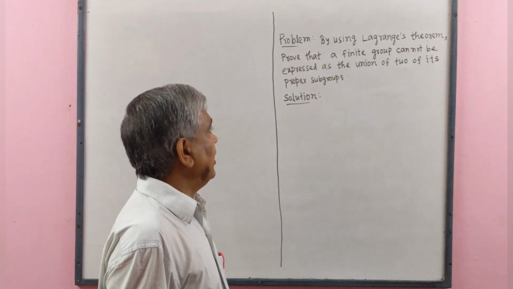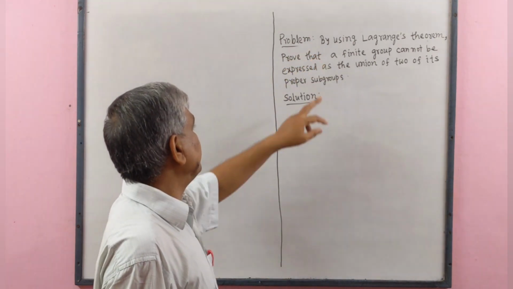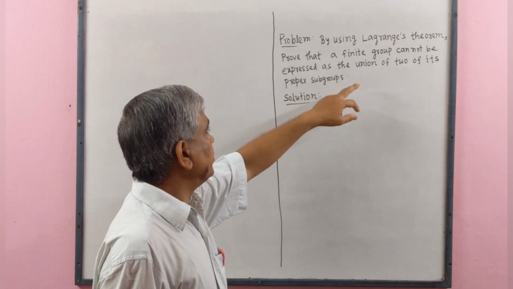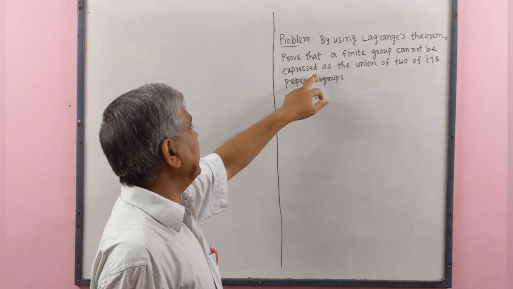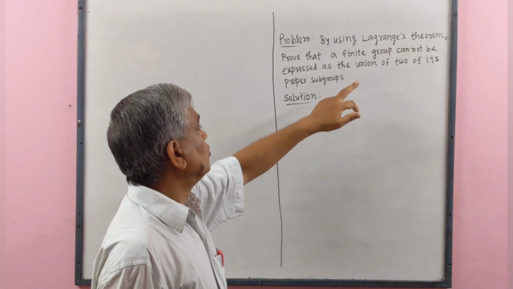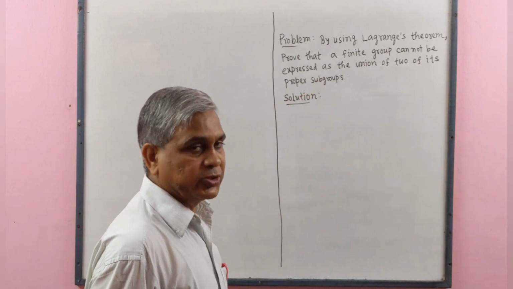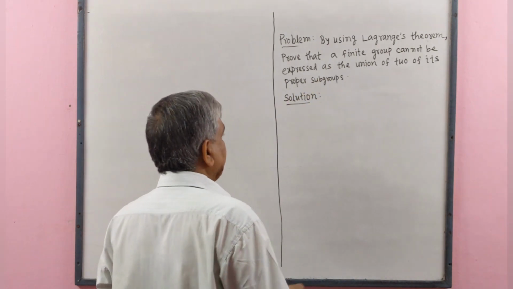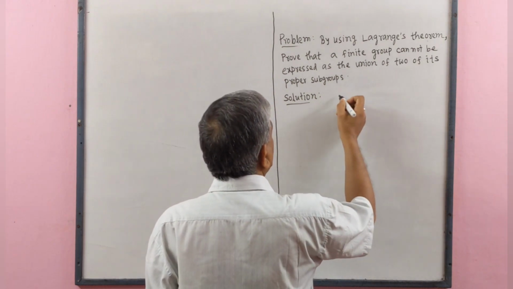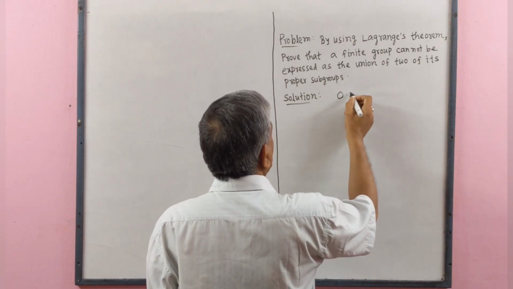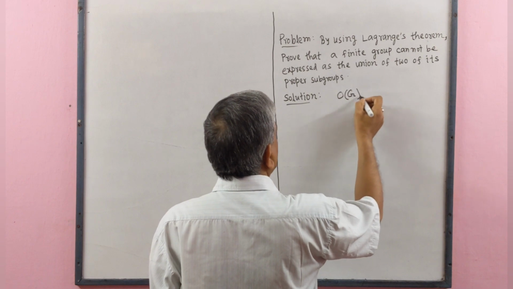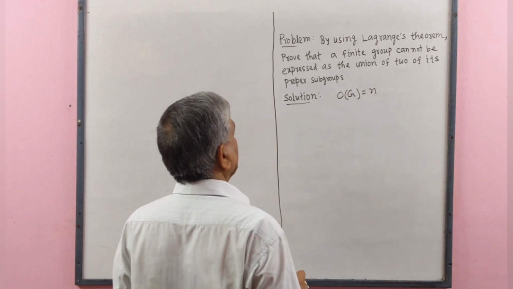By using Lagrange's theorem, prove that a finite group cannot be expressed as the union of two of its proper subgroups. Let G be a finite group such that order of G equals n.